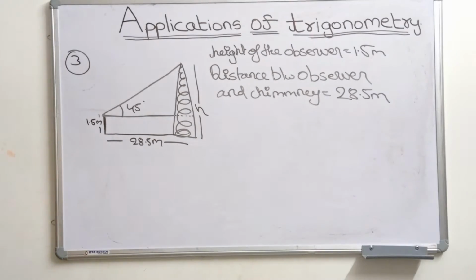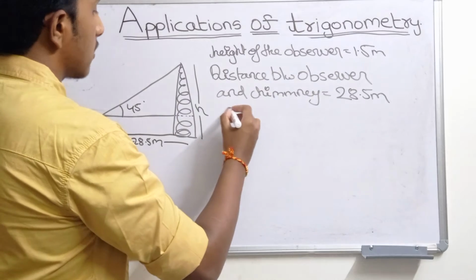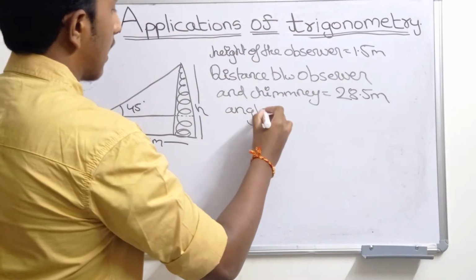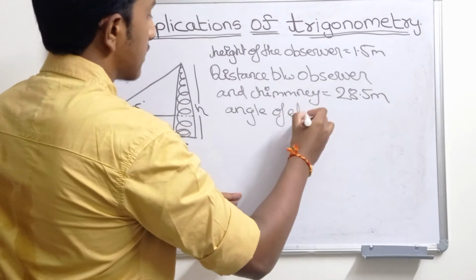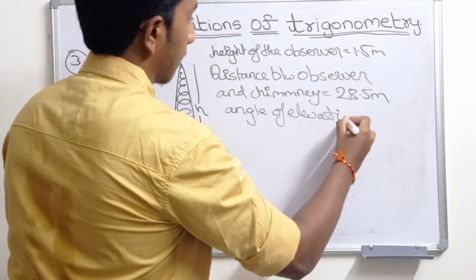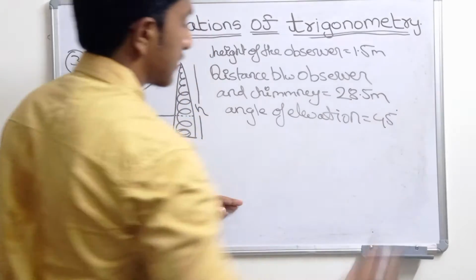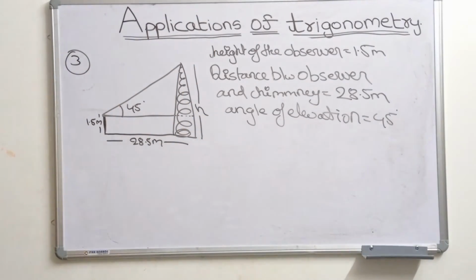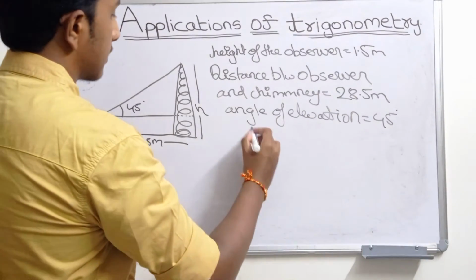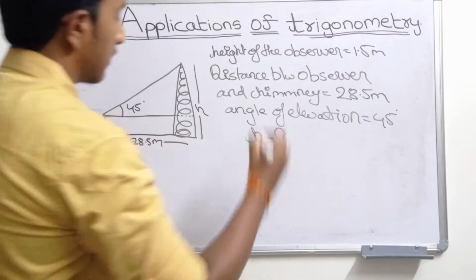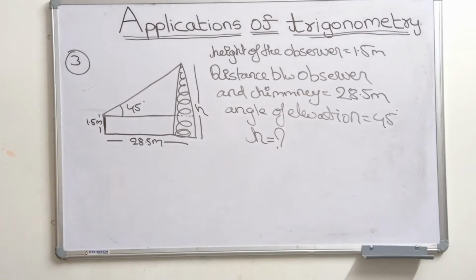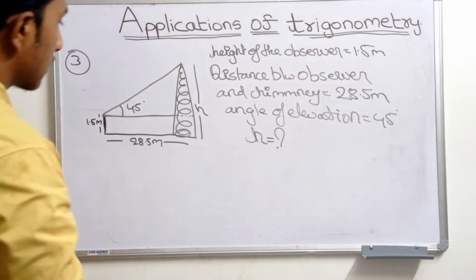Distance between the observer and chimney is equal to 28.5 meters, and we'll consider angle of elevation as theta. Angle of elevation is equal to 45 degrees, and we have to find the height of chimney. So shall we start doing the question?